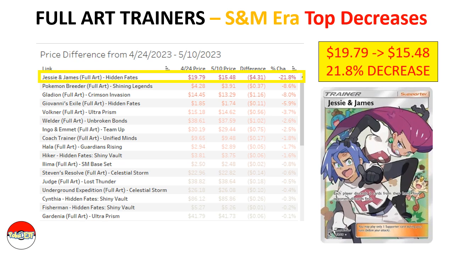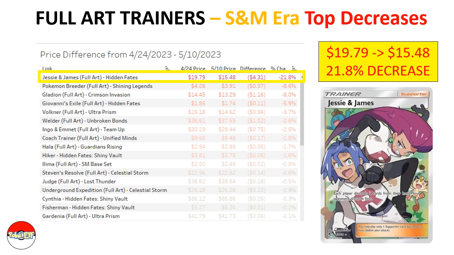But then there's your decrease, which is not a lot. You can see the only card that has a double-digit decrease is the Jessie and James from the Hidden Fates. And this is not surprising because I believe this card jumped in price very quickly at the end of the last episode of Ash Ketchum's journey.